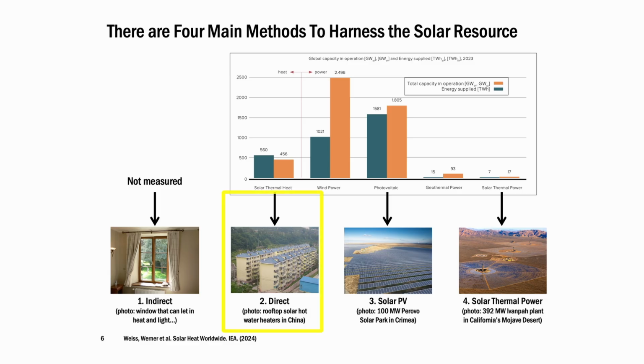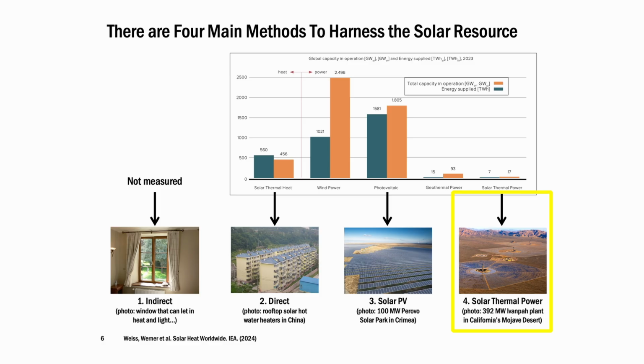The second method is the direct use of solar energy to generate thermal heat, which involves using any simple heat trapping mechanism, material to capture heat from the sun and transfer it to various direct end uses, like household water or space heating or swimming pool heating. And then the third method is solar photovoltaics, solar PV, which generates electricity from sunlight by wiring semiconductor materials together that generate a current when they're hit by photons.